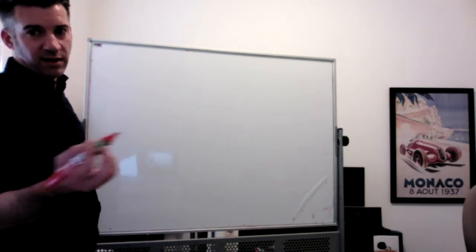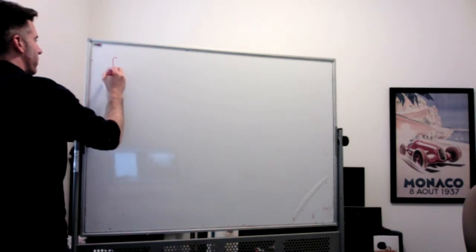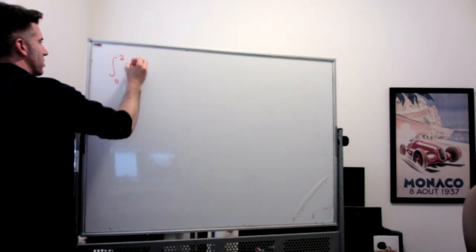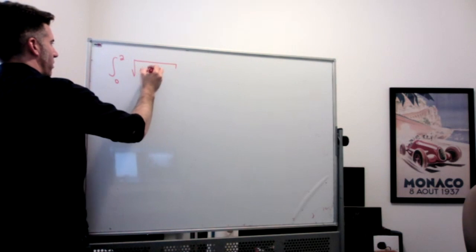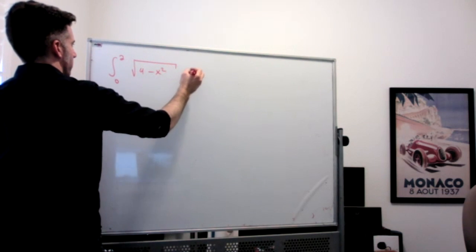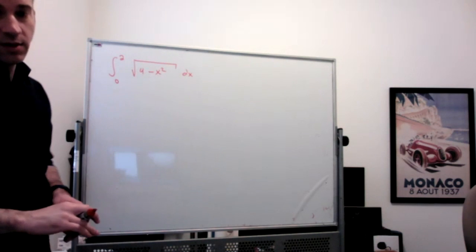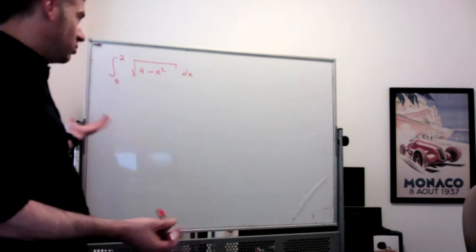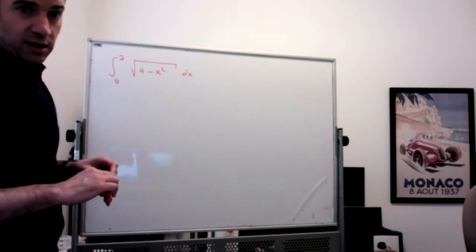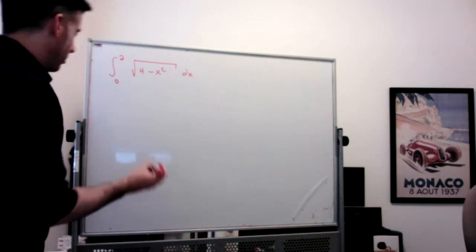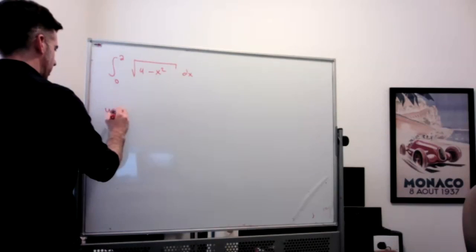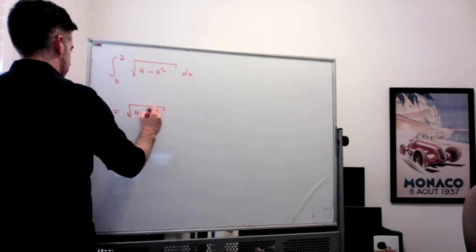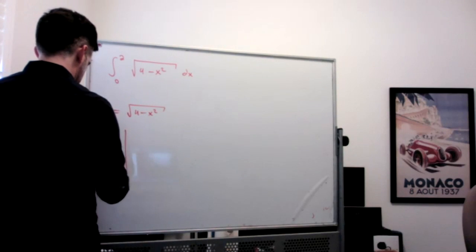Let's say I want to find the integral from 0 to 2 of the square root of 4 minus x squared. Well, first I'm going to point out we can actually do this without integration. This is a known shape. It's the top half, a semicircle, right? y equal to the square root of 4 minus x squared looks like this.